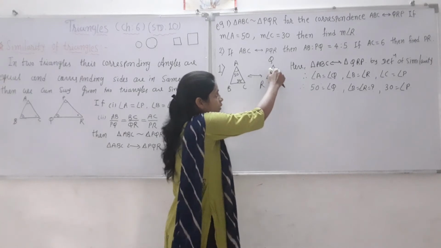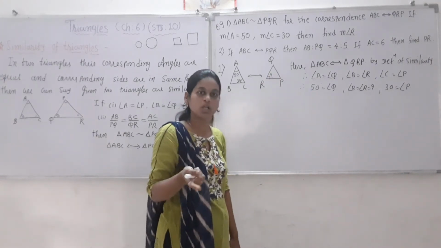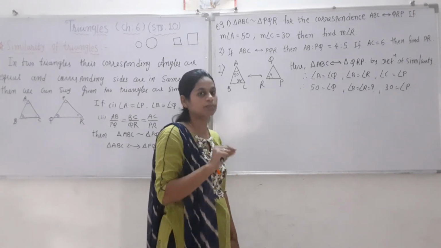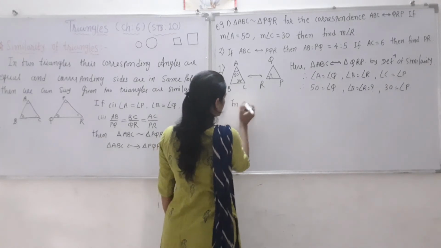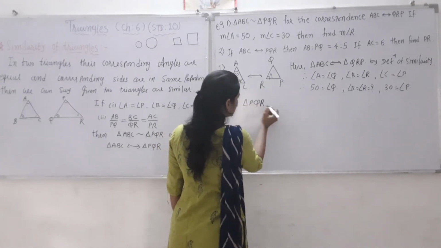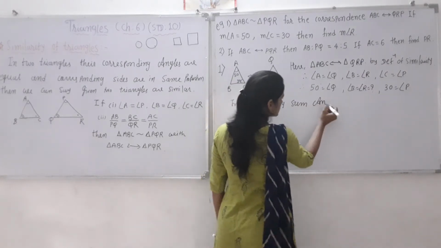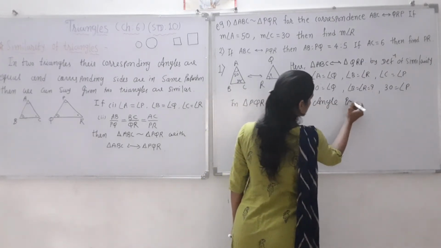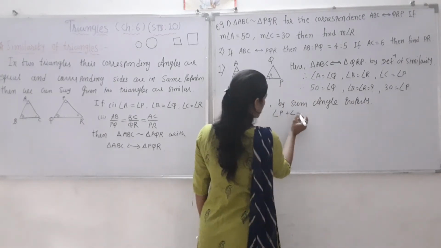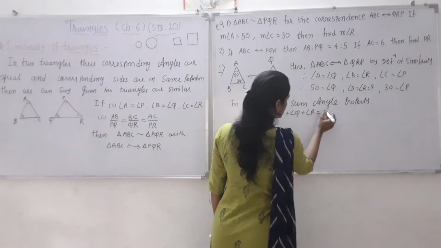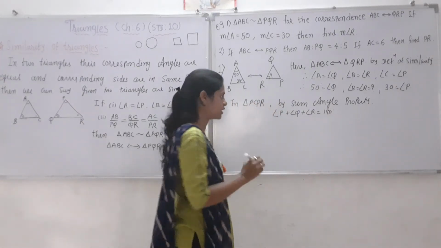Whenever you have two measurements of angles in a triangle and want to find the third one, you should use the angle sum property of triangles. So in triangle PQR, by angle sum property, angle P plus angle Q plus angle R is equal to 180 degrees. The sum of angles of a triangle is 180.